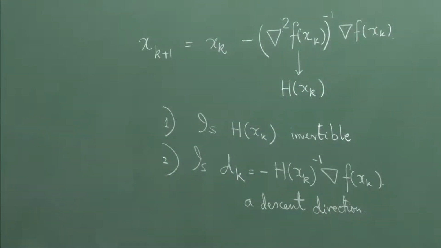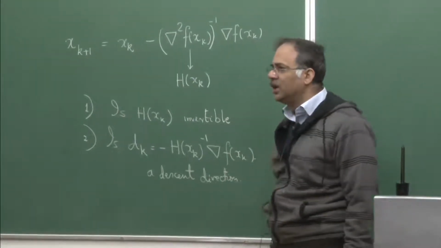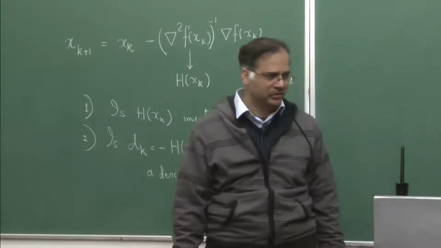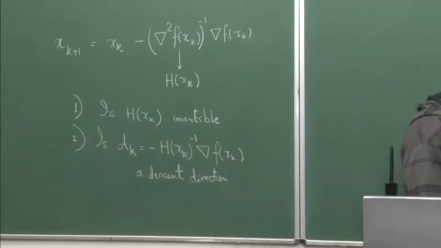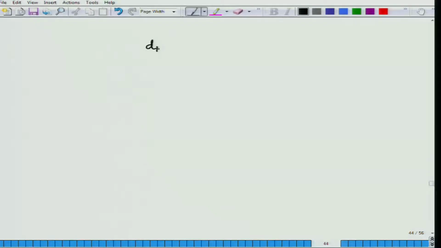So, now the question is, if these are my drawbacks of the Newton method, how do I go about trying to remedy this method? One approach of remedying is possibly the following: instead of having the matrix H of xk, I consider the descent direction given by some matrix Bk.